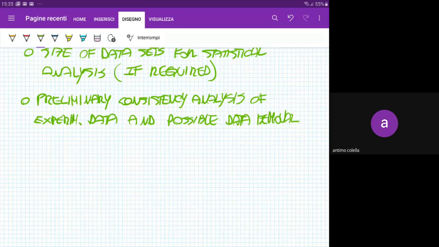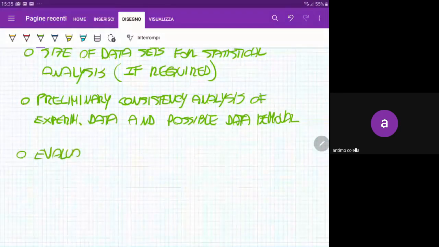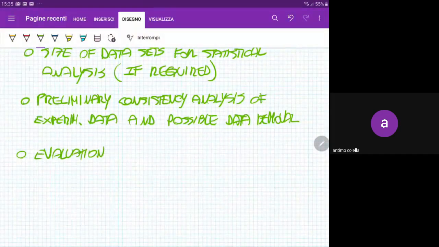Then, that is related with the previous point, evaluate the evaluation of the measurement uncertainty.